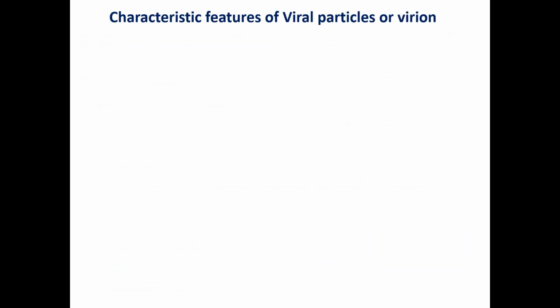Now, what are the characteristic features of viral particles or virions? Before we go into that, we must emphasize why viruses are called viral particles, not viral cells. We all know that there are two types of cells, prokaryote and eukaryote.